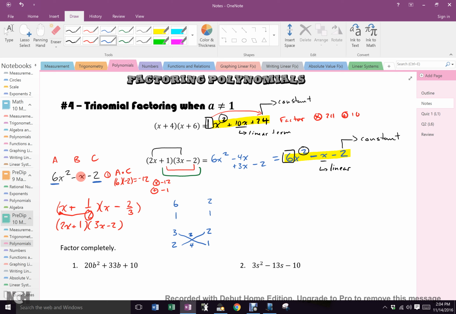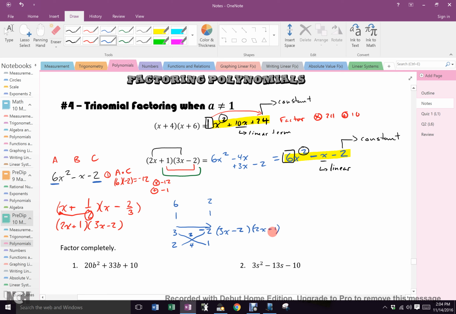It'd have to be here, right? 2 times negative 2 to get negative 4. Everybody with me? And once they have this box set up, then you just go straight across. 3x minus 2. And down here, 2x plus 1.